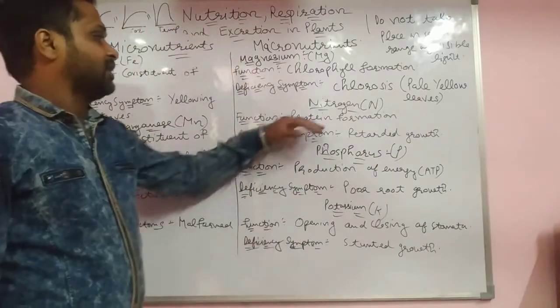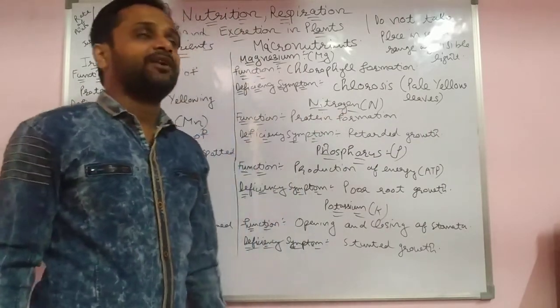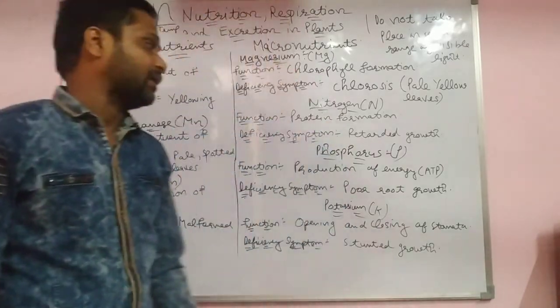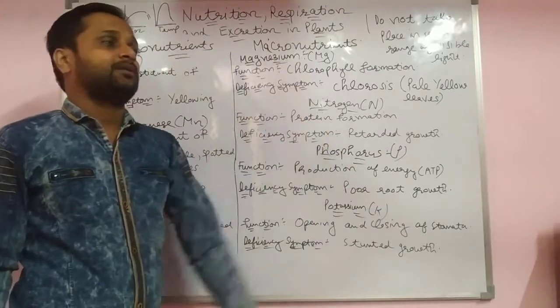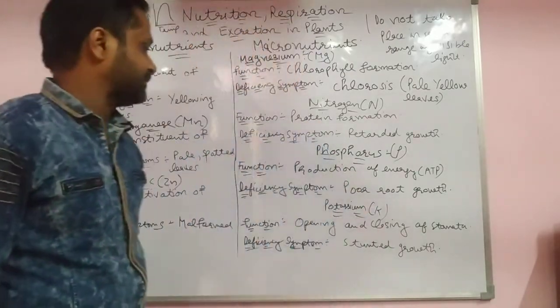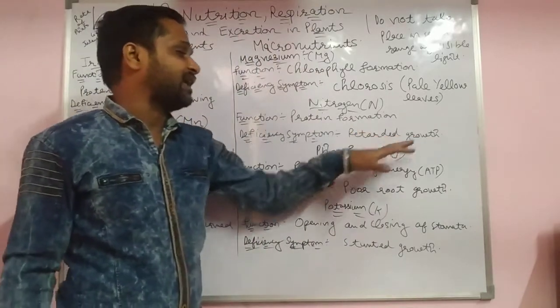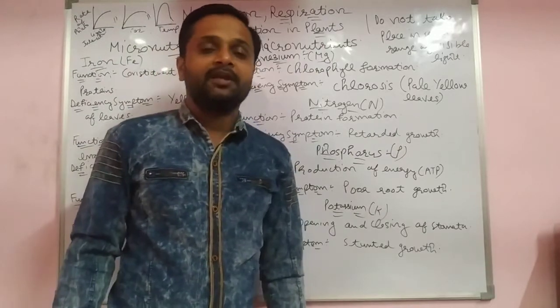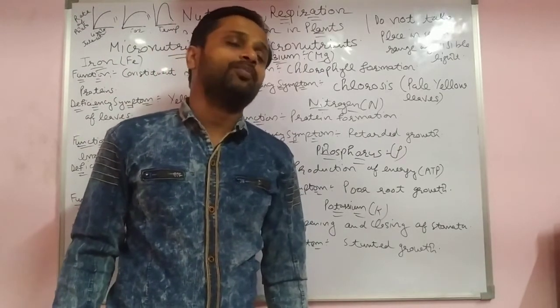Second is nitrogen. You know the main function of nitrogen is the growth of the plant, mainly protein formation, and we also get protein from plants. Deficiency symptom: retarded growth. Not proper growth, students. If nitrogen is less in quantity, there is not proper growth.